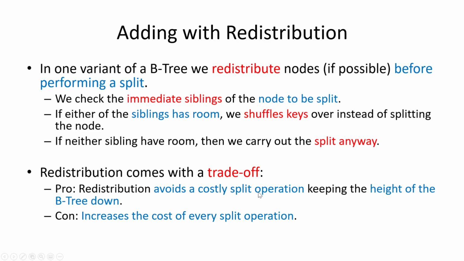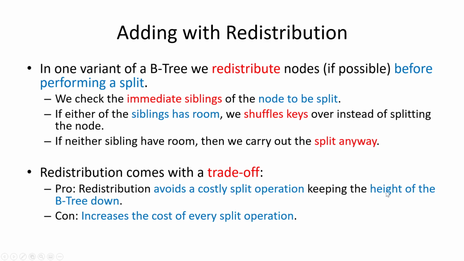The split itself is costly in just performing it, but usually doing a split will lead to increasing the height of our tree. So by avoiding splits, the height of the tree stays smaller. And remember, our cost of adding, and as we'll see in a second, cost of deleting as well, is dominated by the height of the tree.